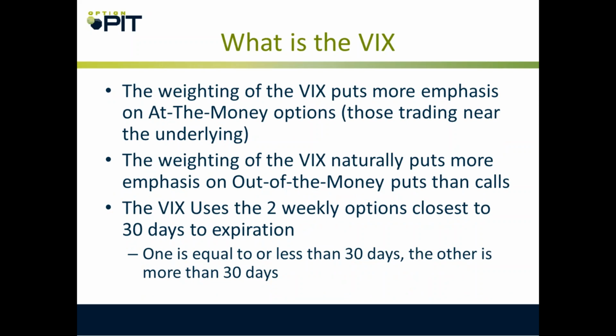The weighting of the VIX puts more emphasis on at-the-money options than those that are out of the money. So at-the-money options have more weighting in VIX than out-of-the-money options. Now, the weighting of the VIX also naturally puts more emphasis on out-of-the-money puts than it does out-of-the-money calls.